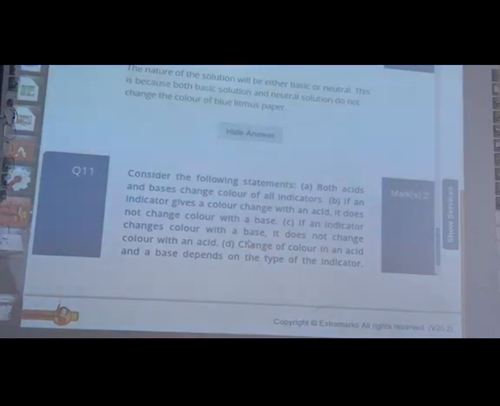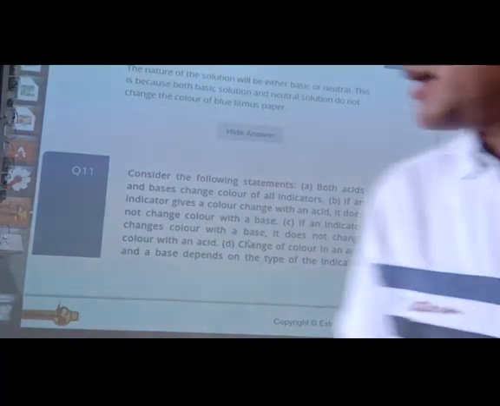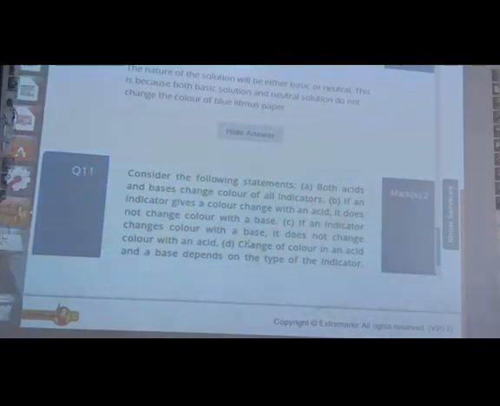Consider the following statements. A. Both acids and bases change the color of all indicators. B. If an indicator gives a color change with an acid, it does not change color with a base.